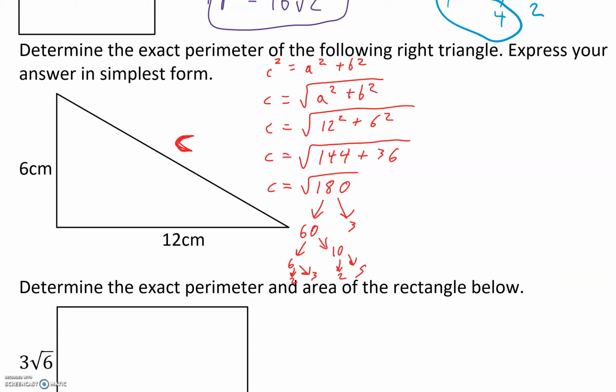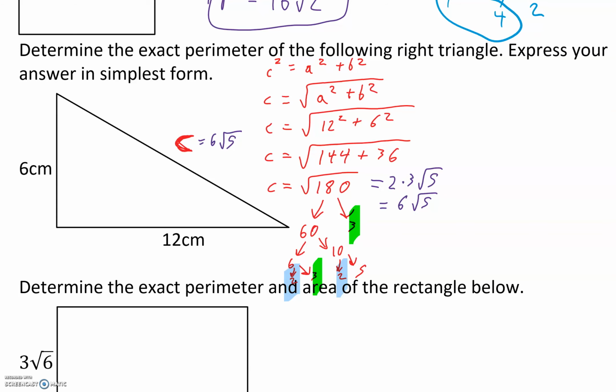Now, if you bear with me here, you can see that there are two 2's, and there are two 3's, and then there's a leftover 5. So this means that all of this can simplify to 2 times 3 root 5, or 6 root 5. 6 root 5 is how we're going to leave it.